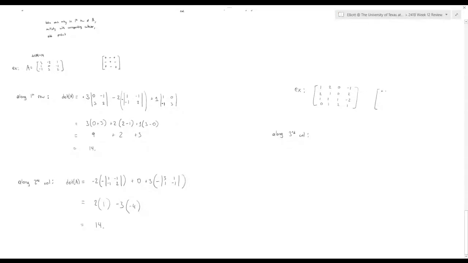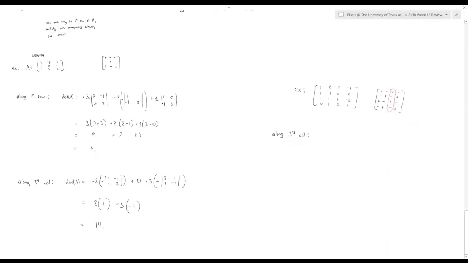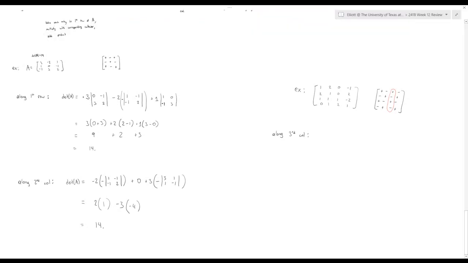So here, if I set up the sign picture, if you will, I'm going to be using the third column in particular, so we're going to be following this pattern. Okay.